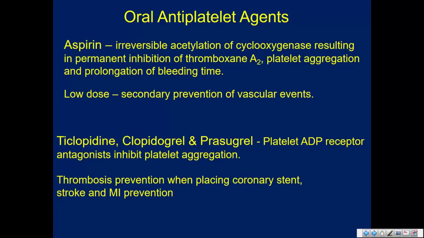So you may ask the question, why can't we take ibuprofen to inhibit platelets? And the difference is simply this. Aspirin covalently binds to cyclooxygenase in platelets, causing an acetylation reaction. So it adds an acetate group on it permanently.